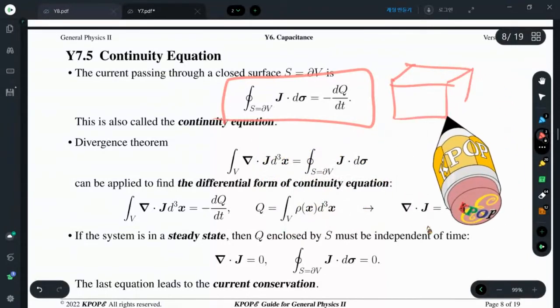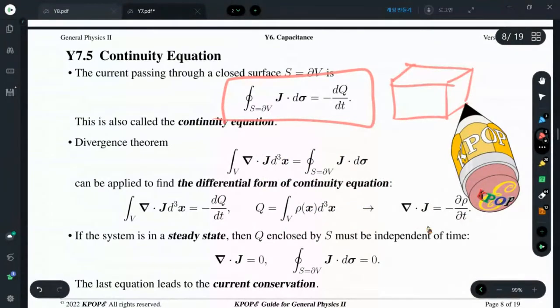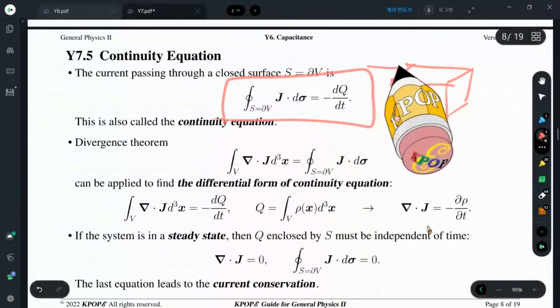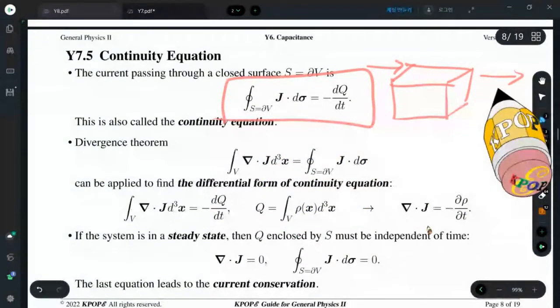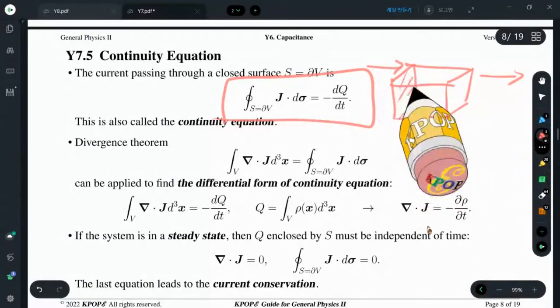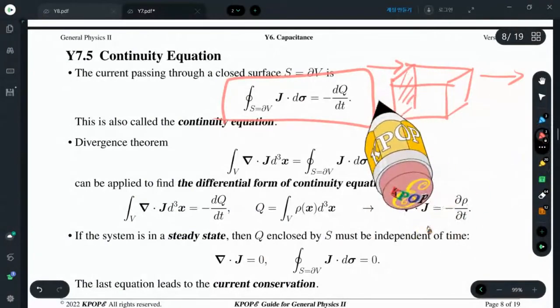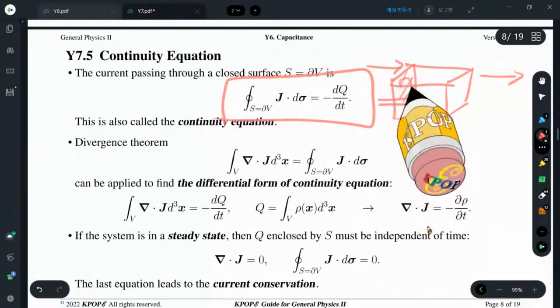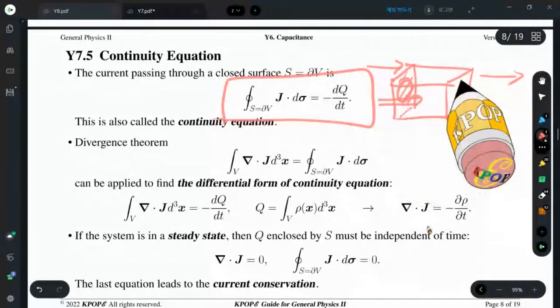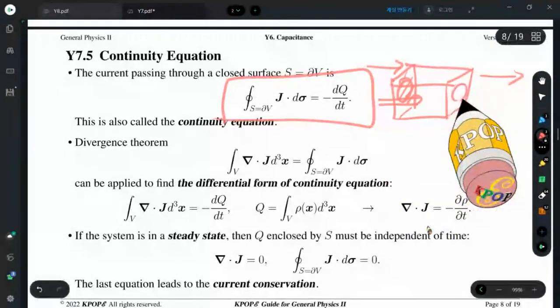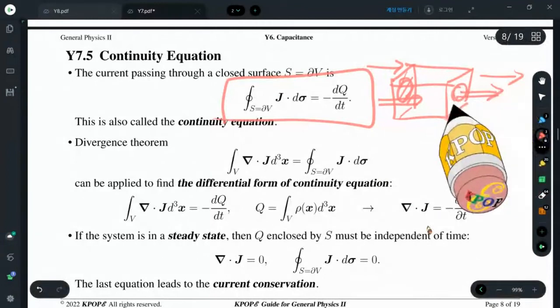It looks complicated, but it's very simple. Current flows, so there is an amount of current coming in, passing through this surface, and an amount of current passing out.